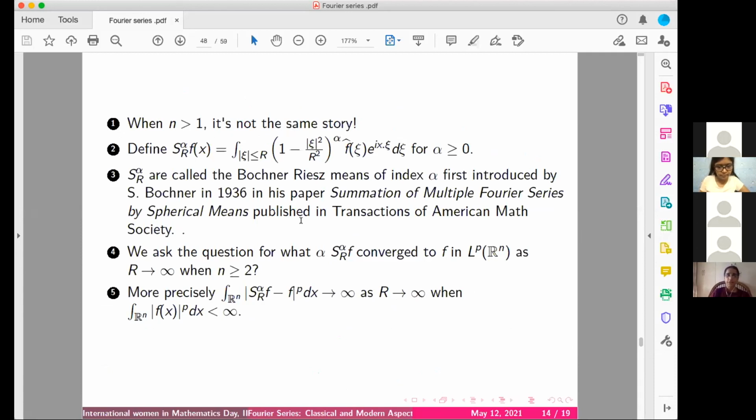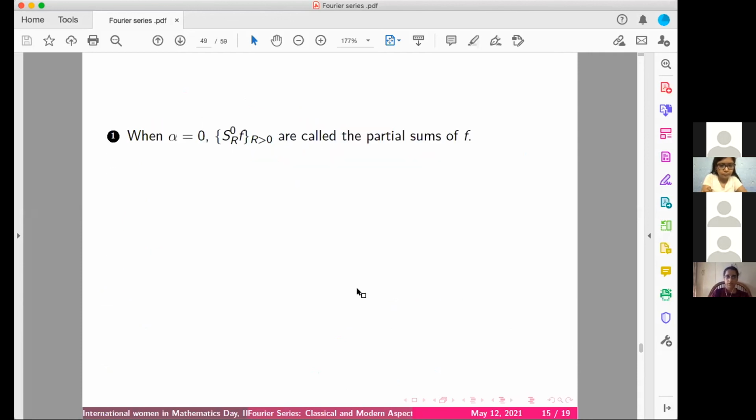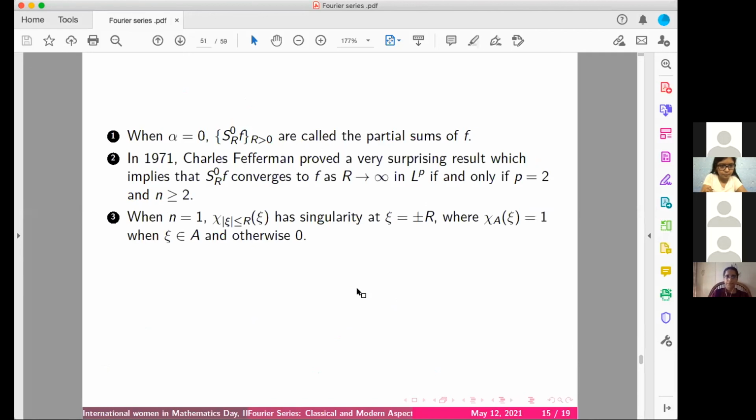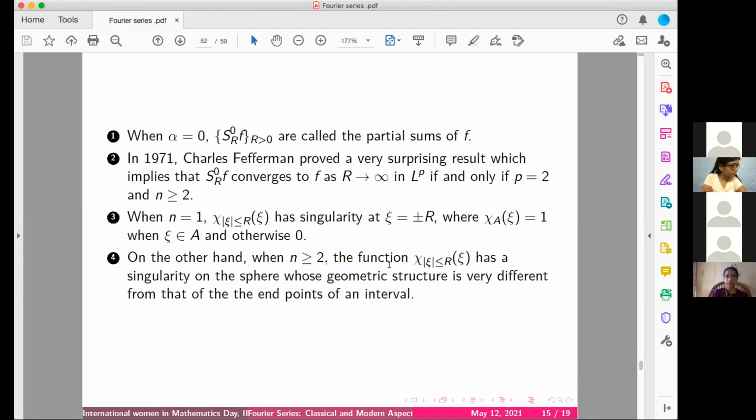As I told you, when alpha equal to 0, this function has a singularity on the boundary of the ball. Is there anything else written in the chat? Okay, is that what you're asking?